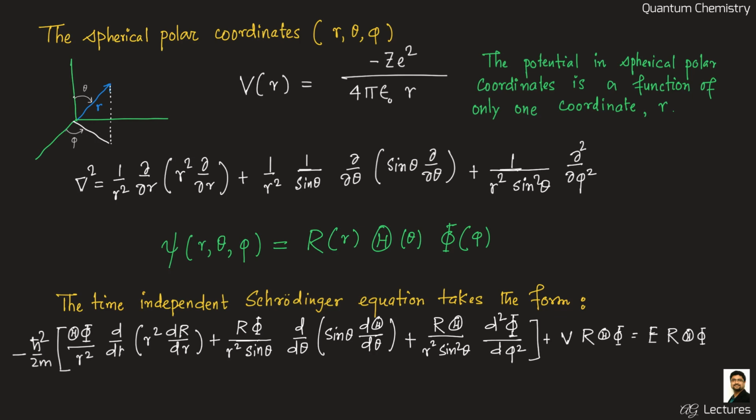So if we just insert the expression for psi, which is the product of three different functions, into the original time independent Schrodinger equation, we get this expression. Now, if we notice closely, you'll find that we have not used the partial derivatives anymore.